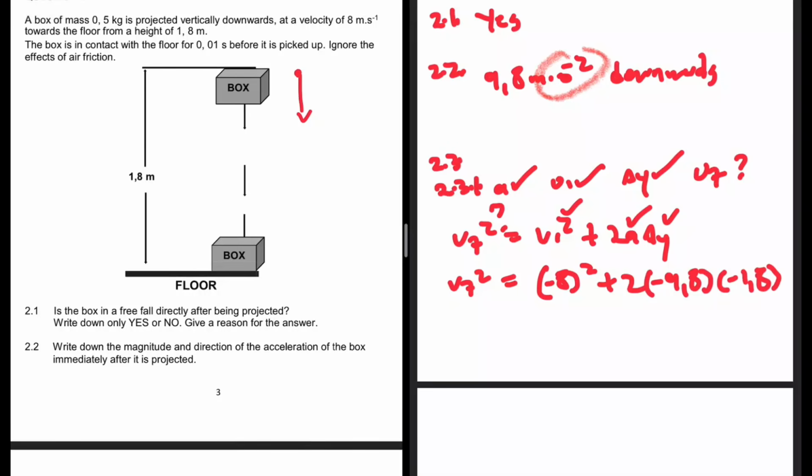The object is going downwards, the acceleration is downwards, the displacement is downwards, and I'm taking up as positive, so everything is negative. Obviously we put that in our calculators and take square roots on both sides. We have vf equals 9.96 meters per second. So the final velocity is 9.96 meters per second. The magnitude of the final velocity, I will tell you why I'm making emphasis in about a minute or so.